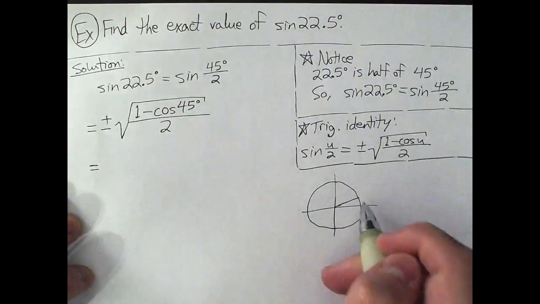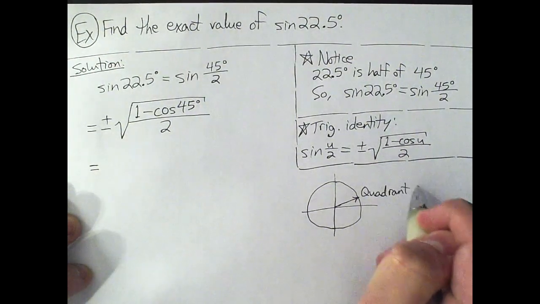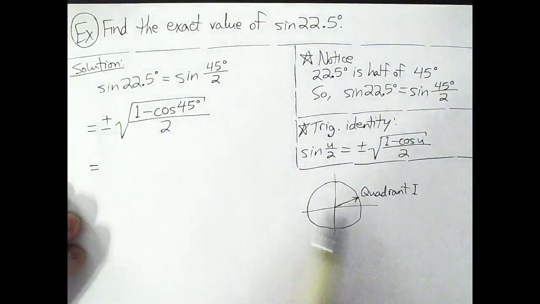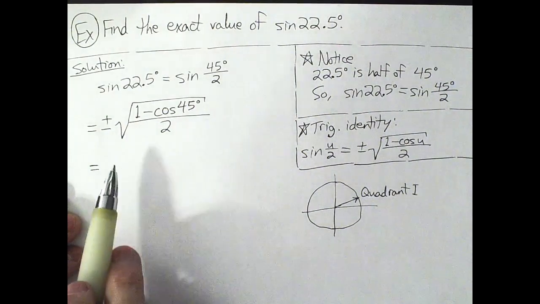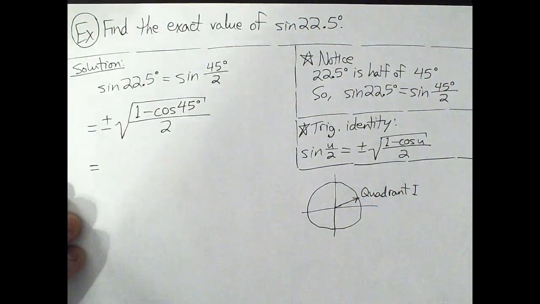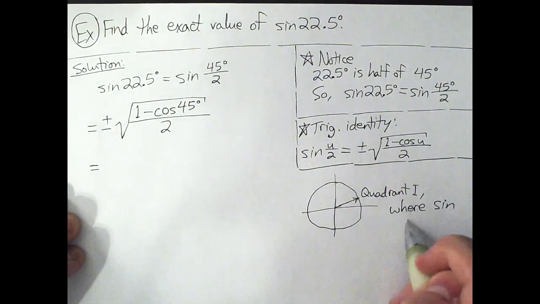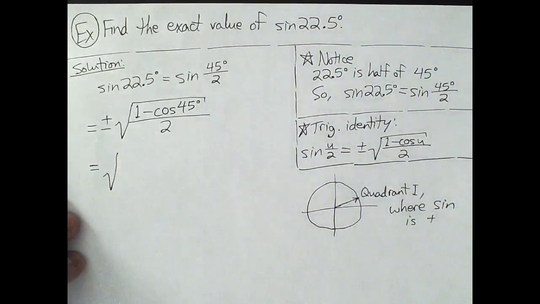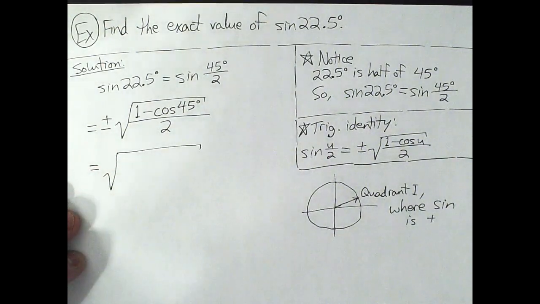The important thing is I can tell that it's pointing towards quadrant 1. That's the reason why I was thinking about this. It's a small angle. It's acute. From standard position, it points into quadrant 1. In quadrant 1, sine is positive. So I'm going to drop the plus or minus symbol and just say it's positive.